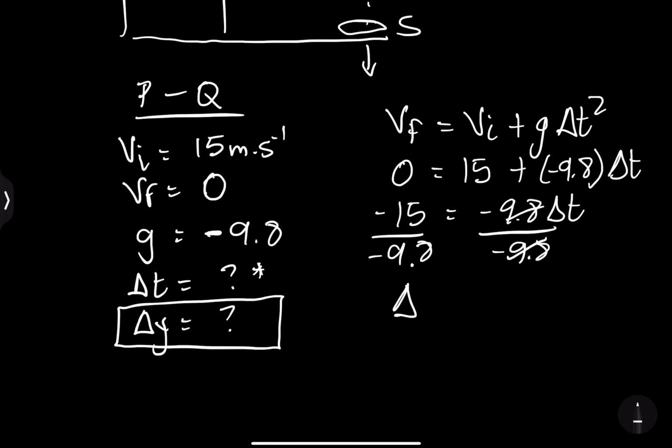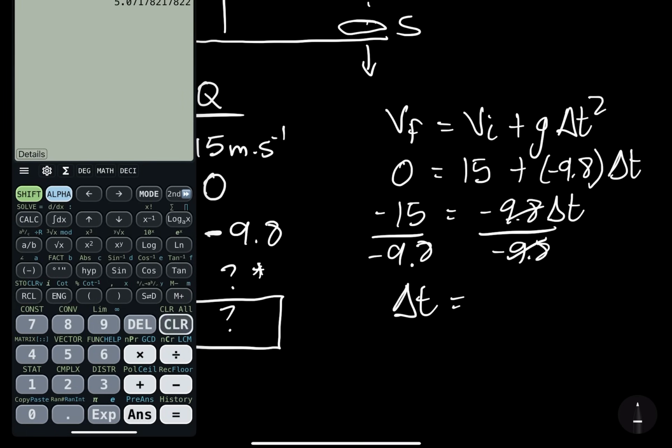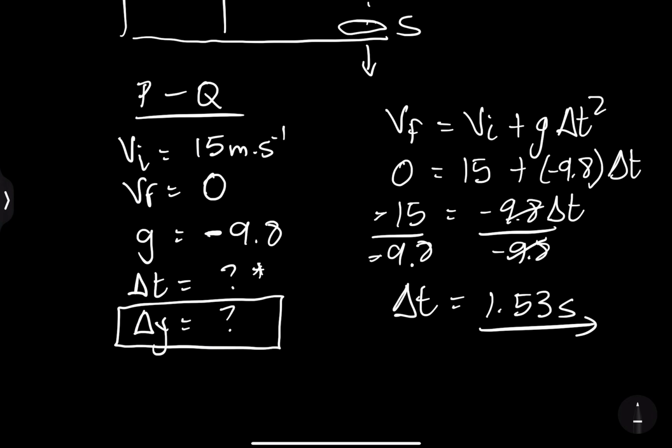Negative divided by negative is a positive, so delta t is 15 divided by 9.8, and that will give us 1.53 seconds. So there's our answer for the time that it takes till maximum height.